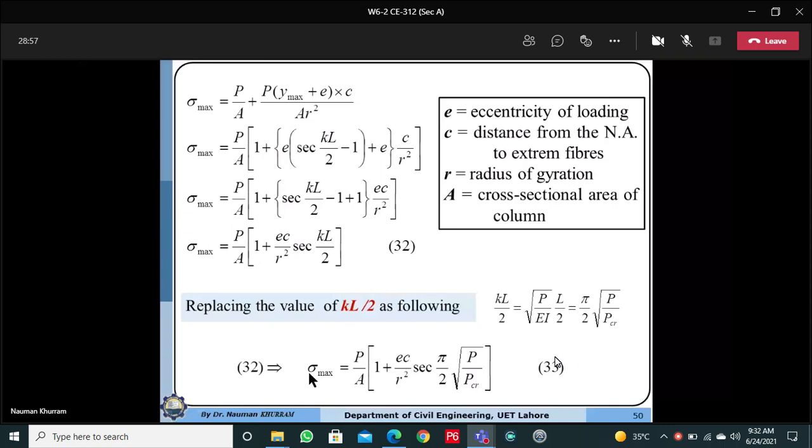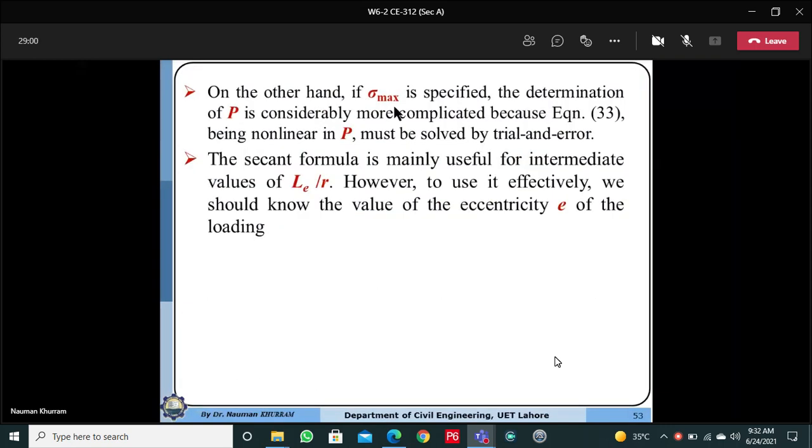But on the other hand, if sigma maximum is specified, the determination of P is considerably more complicated because equation 33 is non-linear in P and must be solved by the trial and error method. The second formula is mainly useful for intermediate values of LE over R. However, to use it effectively, we should know the value of eccentricity. So it can be used for any intermediate range of slenderness ratio.